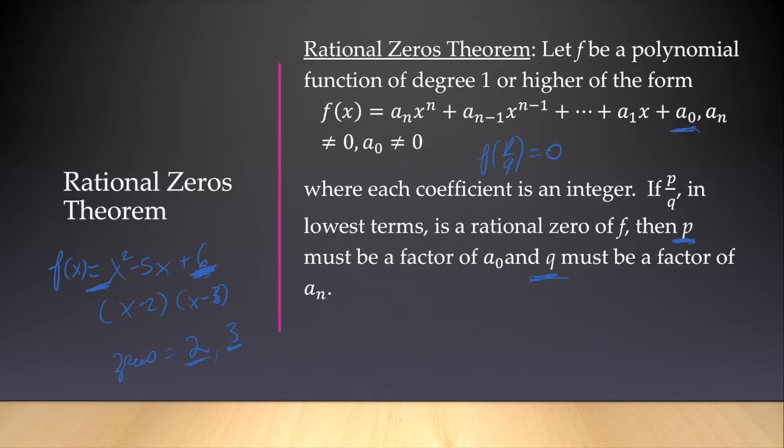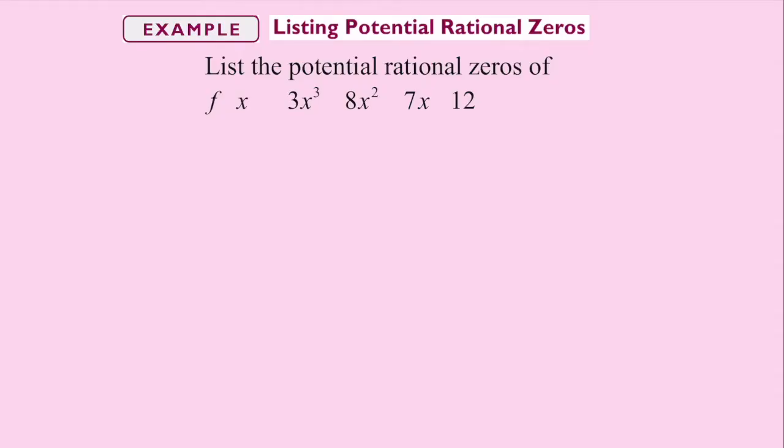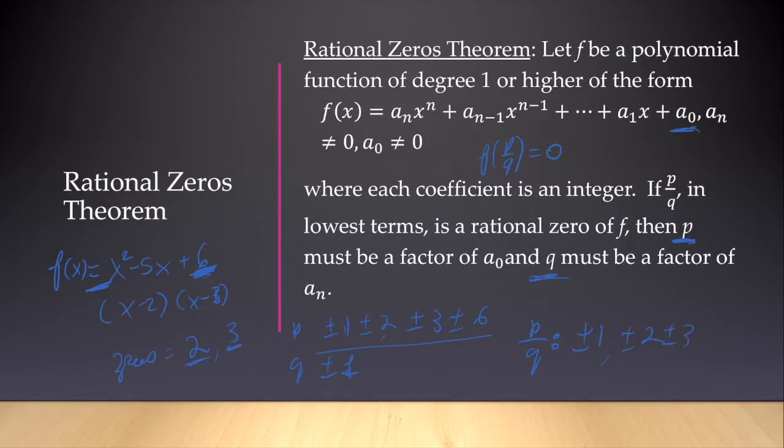So what are all the factors of 6? Well, I've got plus or minus 1, plus or minus 2, plus or minus 3, plus or minus 6. And for q, my divisor, I only have plus or minus 1. So if I take the set of all p over q, I just get plus or minus 1 because 1 divided by 1 is 1, plus or minus 2, plus or minus 3, and plus or minus 6.